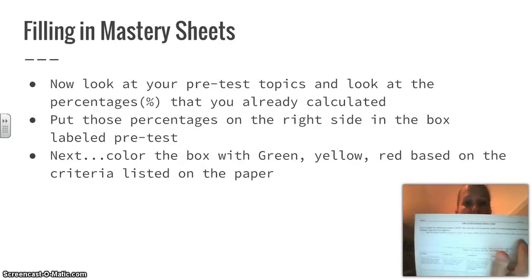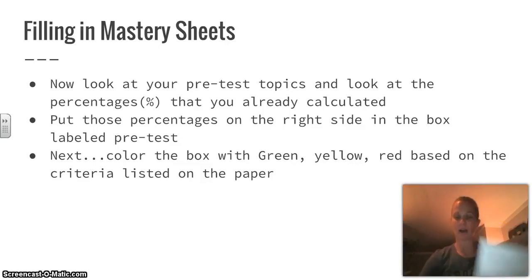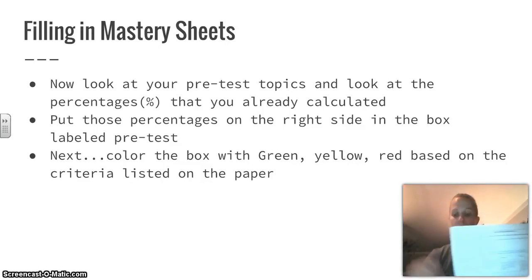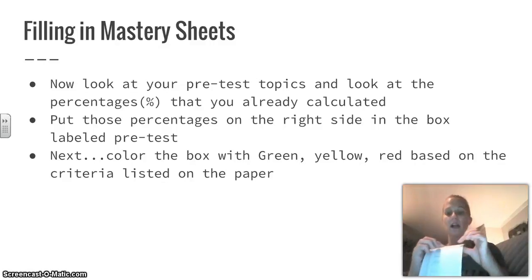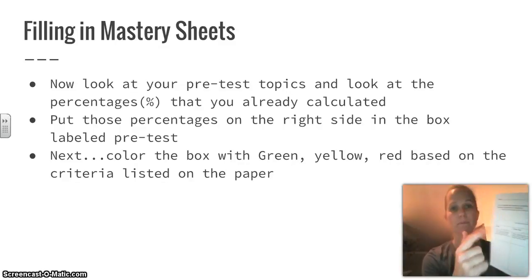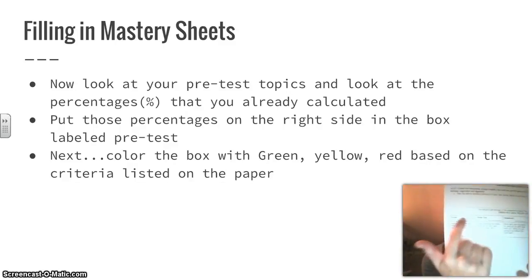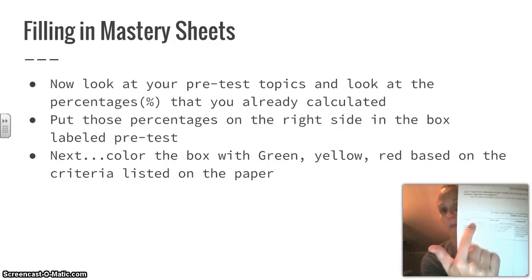You rewrite it. Next, for that particular standard, I have to figure out which box it is. I'm going to take what I calculated in that box and match it up with this thing right here, and I'm going to put that particular score in there.